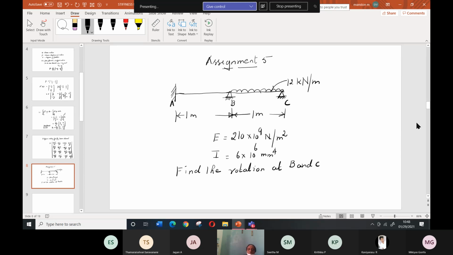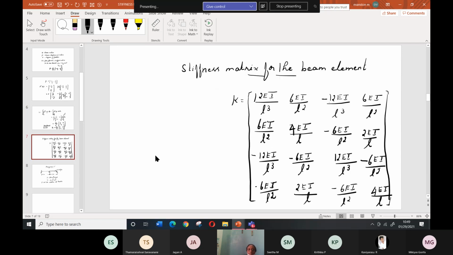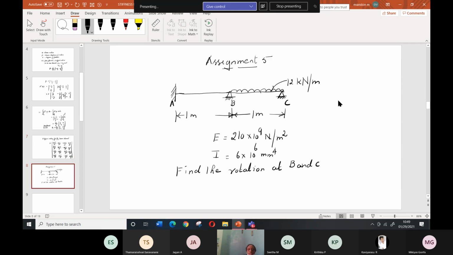So in the seminar hour you can do this assignment. Same procedure, only the way we are deriving the stiffness matrix is different, but all the other things are the same. So this stiffness matrix only you are going to find out. You have to do exactly as you have done in the matrix method.